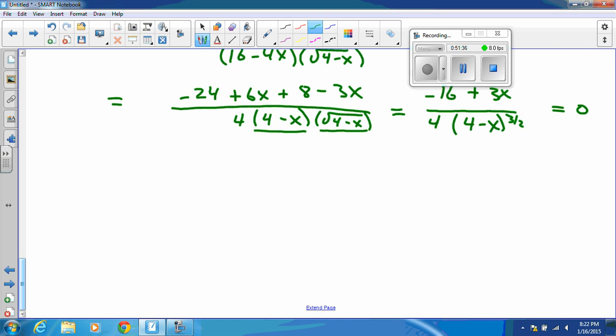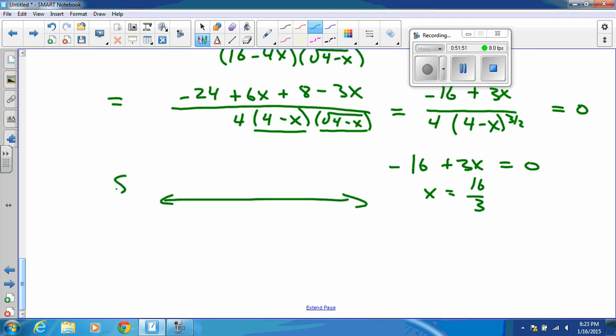And in the numerator, negative 24 plus 8 is negative 16, plus 6x minus 3x is plus 3x. And there's my f double prime. Whew! That was some significant work to clean it up.